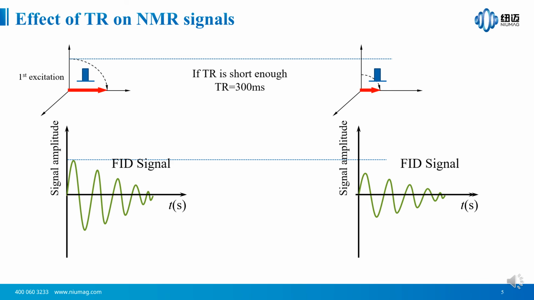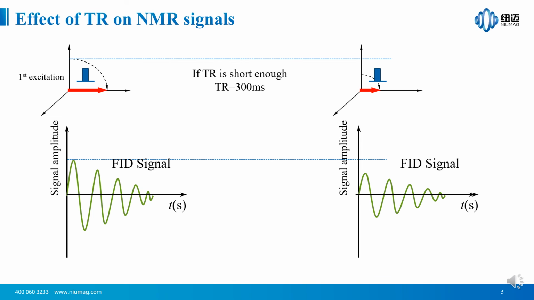At this point, Mz is smaller than M0, which means that the sample has not yet recovered to its initial state. At this time, we apply a second 90-degree pulse. The Mz magnetization vector is also deflected by 90 degrees, and the signal obtained by sampling will be smaller than the signal after the first pulse.